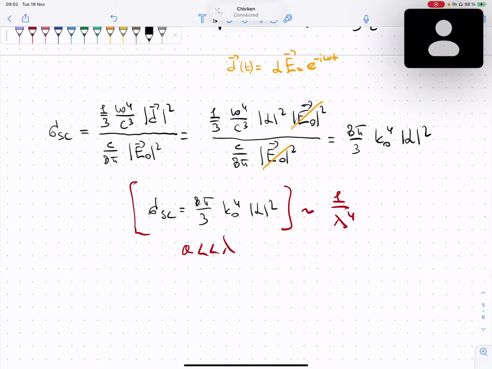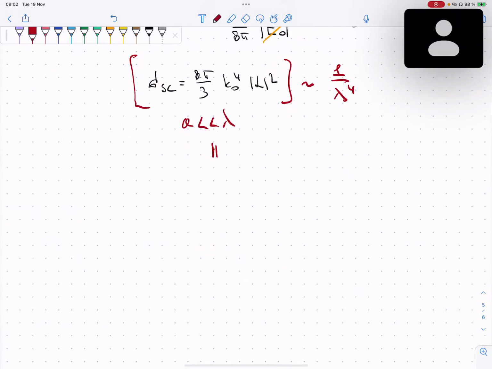And this is actually the reason why we have blue sky during the day and why we have red sunset.